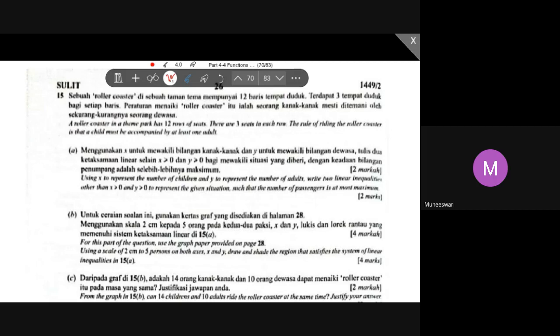Kalau siapa-siapa yang tak tahu macam mana nak bentuk ketaksamaan linear juga boleh bagi tahu saya, jangan risau. We all learn together. So if anyone got the answer, siapa-siapa ada jawapan boleh share dulu. Tak perlu bagi dua-dua, satu saja cukup. One of it.